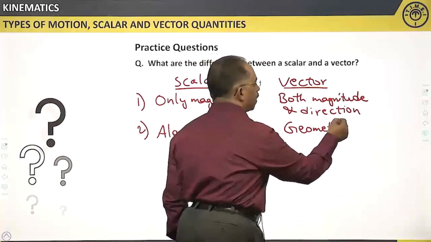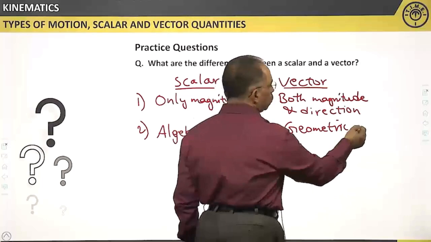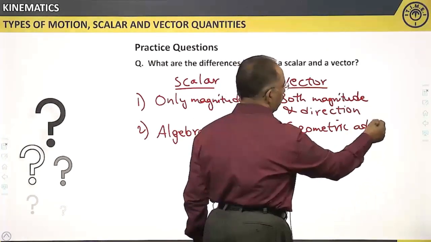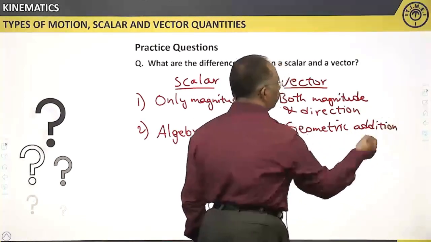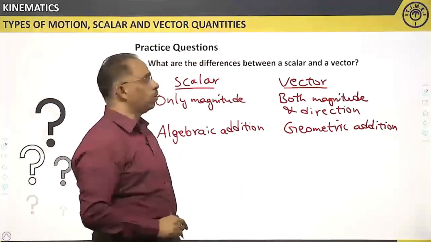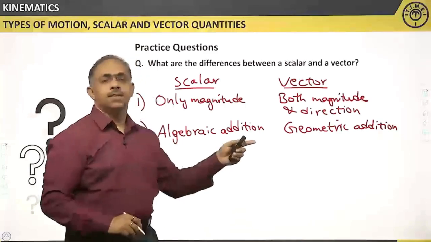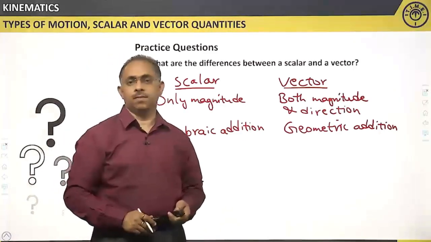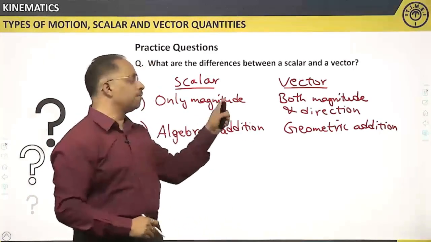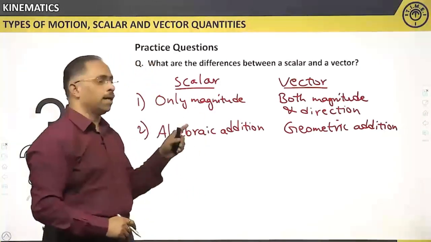They cannot be added algebraically, it is geometric addition. We need to follow special rules for the addition or subtraction of vectors. So, these are the major differences between scalar and vector.